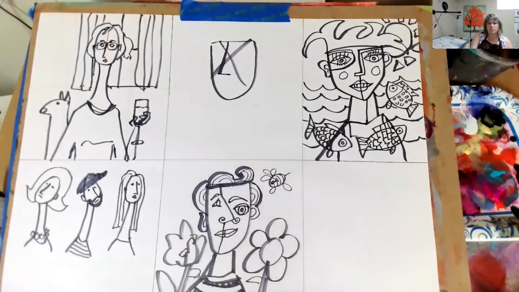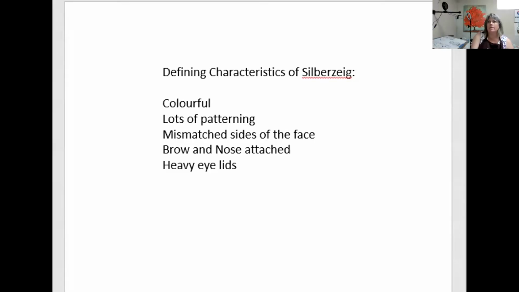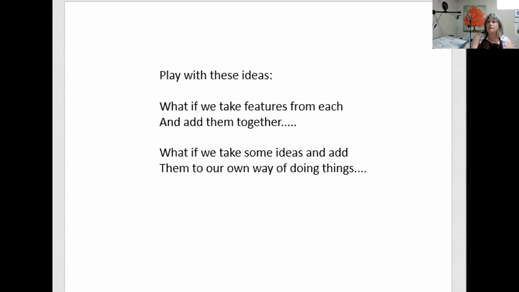So pick something, and we're going to play around. I'm just going to switch to the other screen, or the other share, for a second. We're going to look at one more thing before we start here. Okay, so, yeah, play with the ideas and take bits from any of those artists. Take what you like.